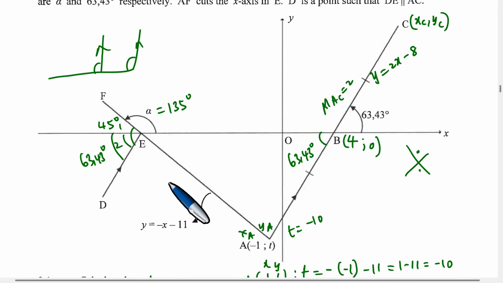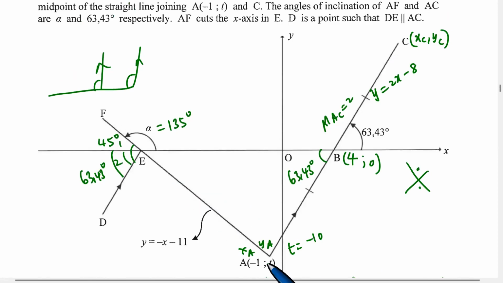So you're going to look at E, A, then G, then C. E, A, G, then C, in that order.